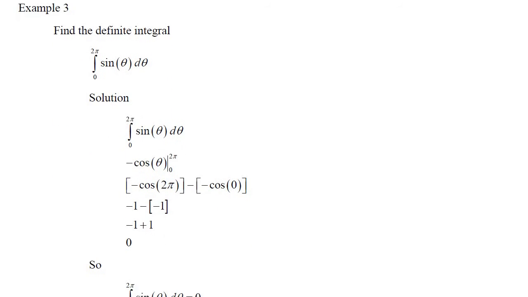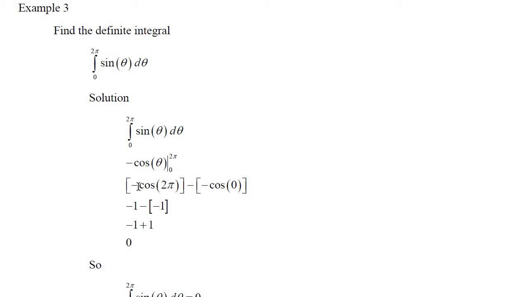Alright, let's do another example. Let's say I want to find the definite integral going from 0 to 2 pi of sine of theta d theta. The antiderivative of sine is negative cosine, and we're going from 0 to 2 pi.